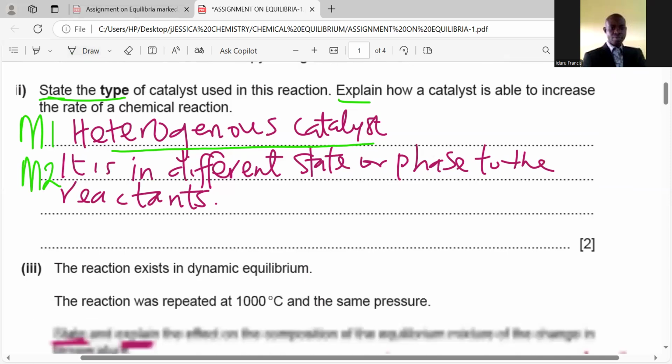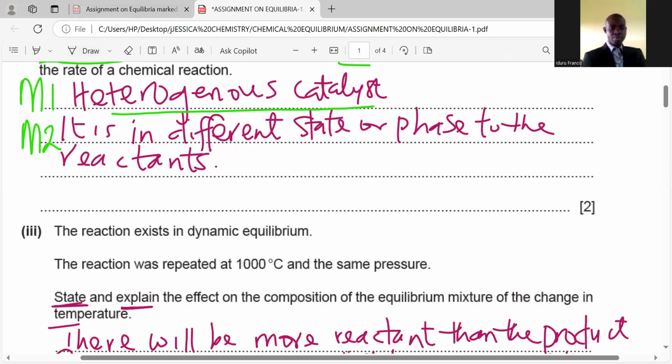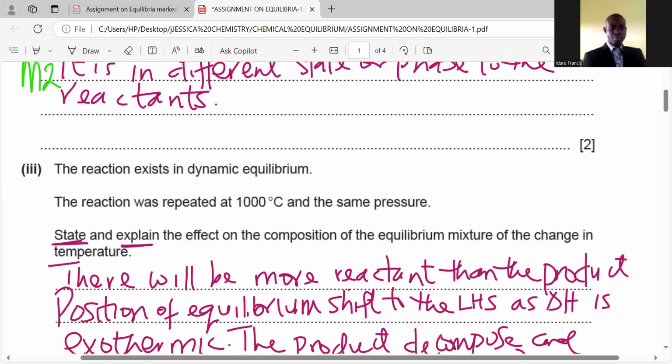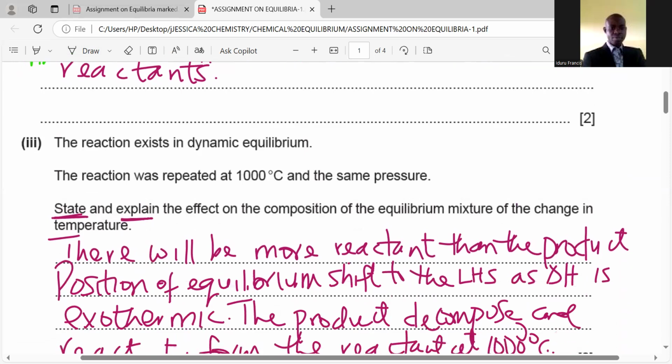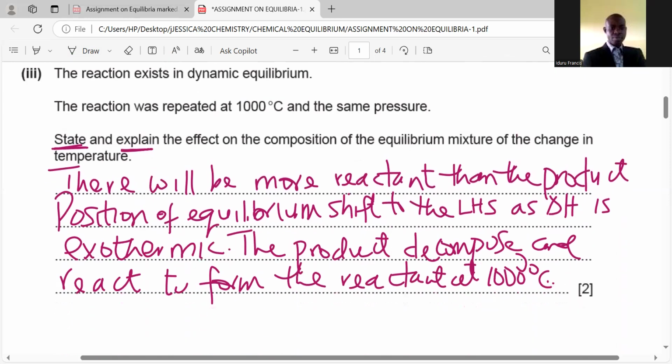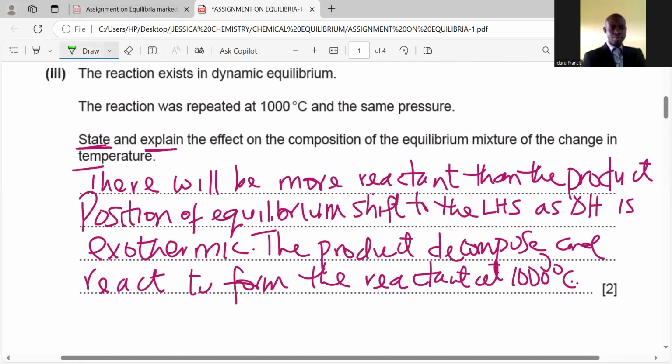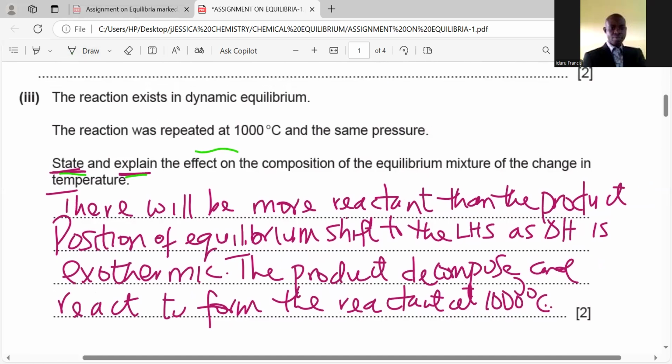Okay. And then part 3. The reaction exists in dynamic equilibrium. The reaction was repeated at 1000 degrees Celsius and the pressure remained the same. We are to state and explain the effect of the change in temperature on the composition of the equilibrium mixture.